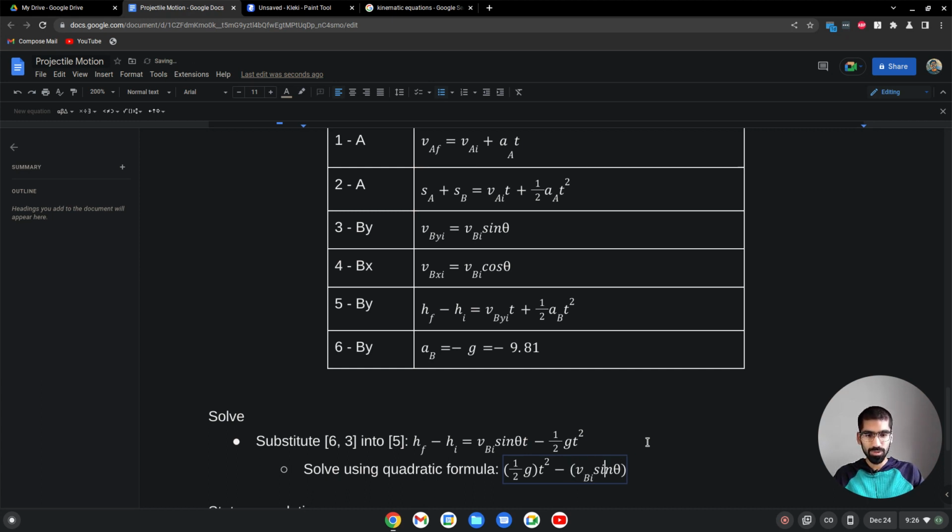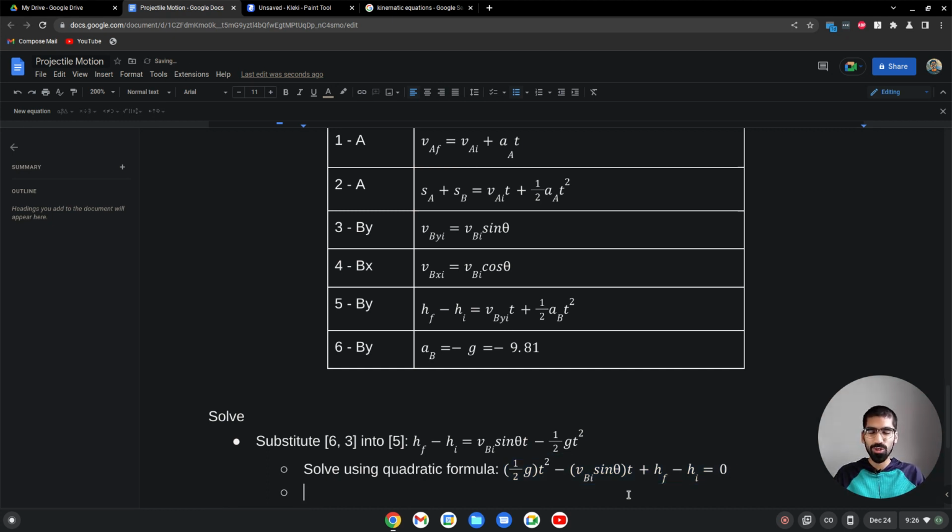If you don't see what I'm doing, I just added 1/2 gt squared to both sides of the equation, subtracted this from both sides of the equation, and then just left these constant terms at the end, so that we have an equation which we're ready to use the quadratic formula on.